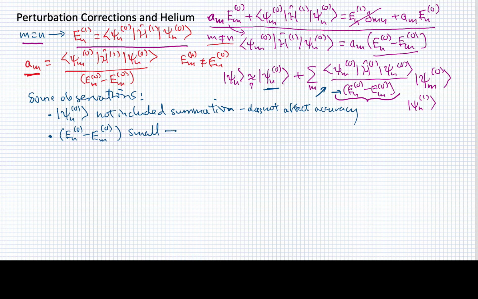So that means this is a larger contribution to the correction or to the overall wave function. Similarly, I can make a complementary observation that when this is large, then its contribution will be a smaller contribution.